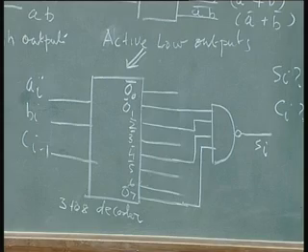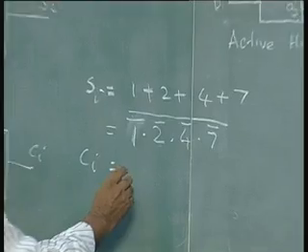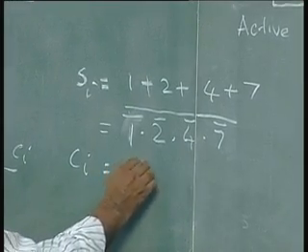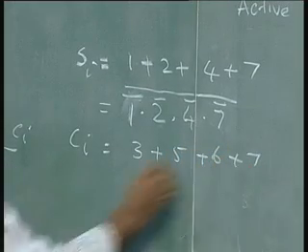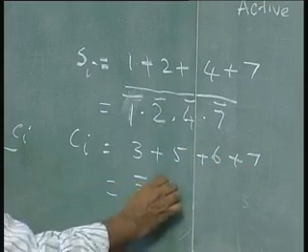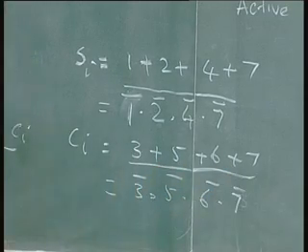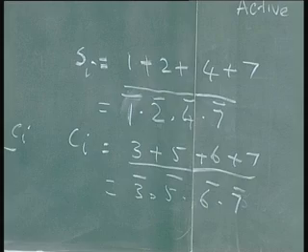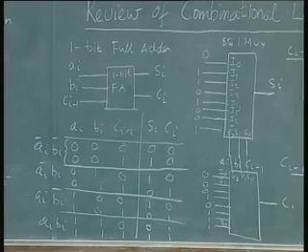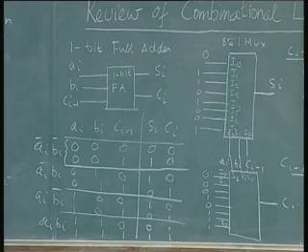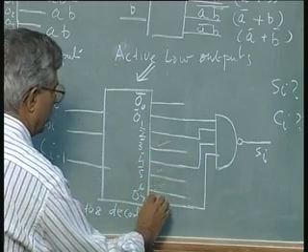Likewise, my carry would be 3 or 5 or 6 or 7, which is the same as writing 3 bar and 5 bar and 6 bar and 7 bar, whole bar, which is equivalent to saying 3 bar, 5 bar, 6 bar, 7 bar.